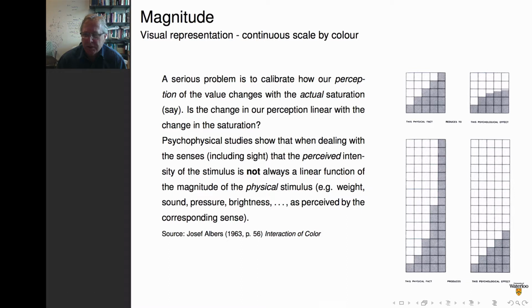In psychophysical studies, particularly with respect to color here, looking at Josef Albers, Longo's 1963, observed that if we increase, say, saturation or darkness or lightness here at a linear rate, so we know that the physical stimulus that's coming in is changing at a linear rate, so this is 5 times that. And what we actually perceive that magnitude to be, that is decoding, so this is the encoding.